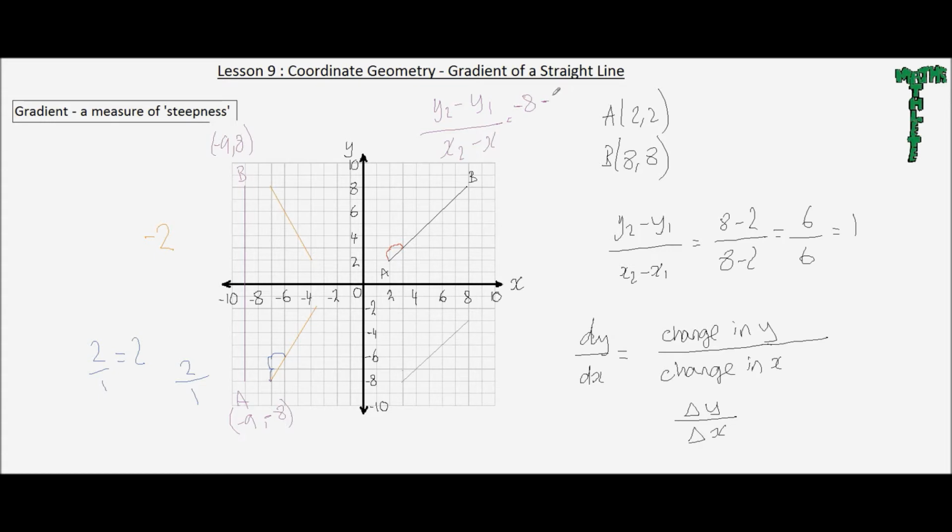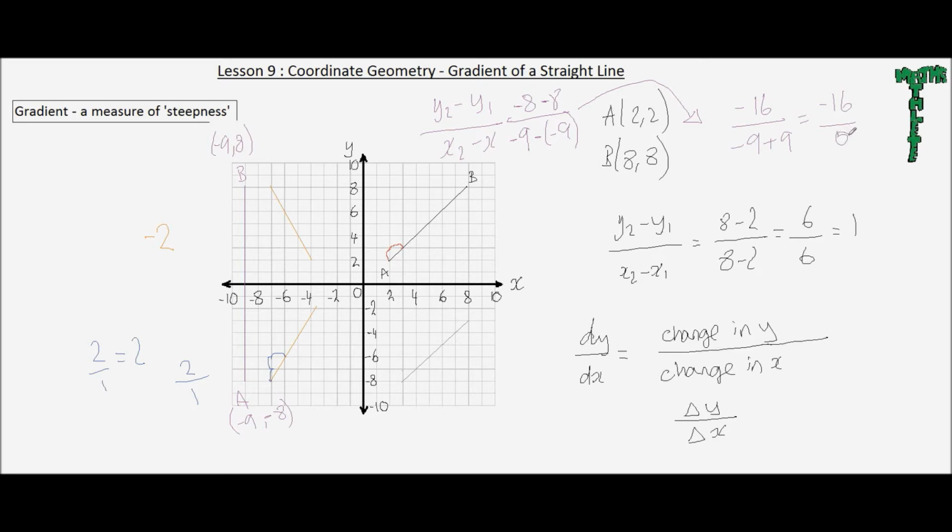So this would be minus 8 minus 8 over negative 9 minus negative 9. Now, if we simplify this, this would become negative 16 over, a negative and a negative make a positive, so 9 minus 9, which equals negative 16 over 0.